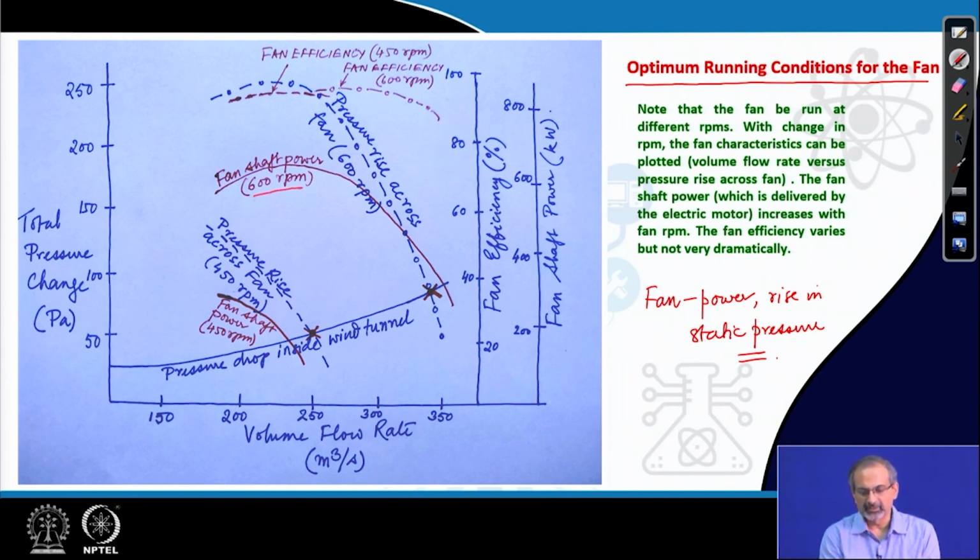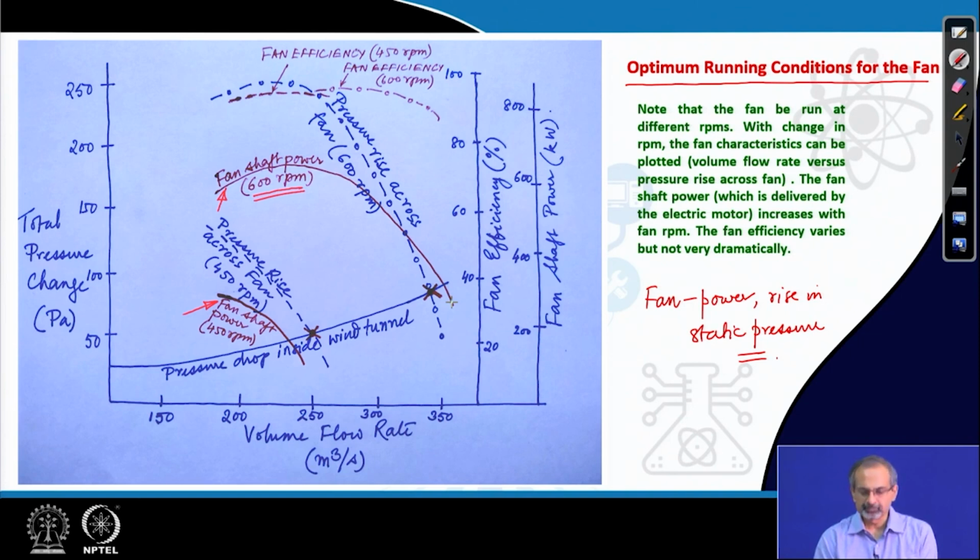For example, this is a fan characteristic given by the red line, which is for a 600 RPM case. Again, this is another characteristic when it is running at 400 RPM. These curves are actually representative of the fan shaft power. That means, how much power has to be provided to the fan to make it operate at 600 RPM.